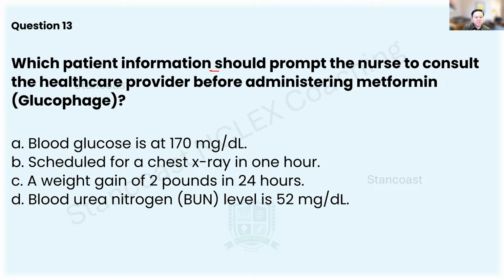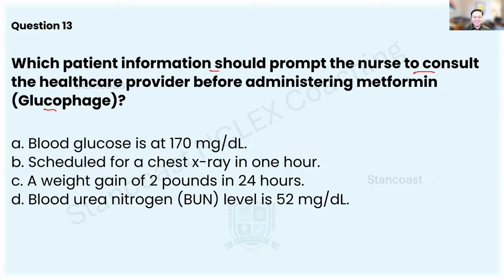Which patient information should prompt the nurse to consult the healthcare provider before administering the Glucophage? If you answered letter A, blood glucose that is 170, it's not a contraindication, but rather a blood sugar that is fitting for this medication.